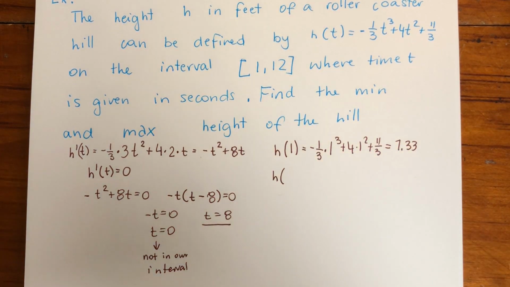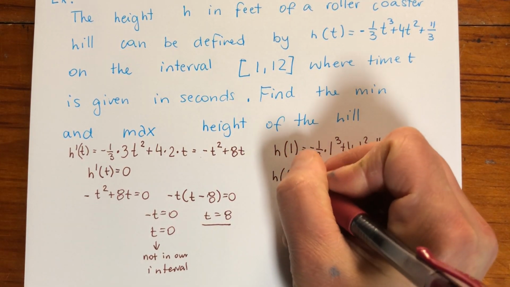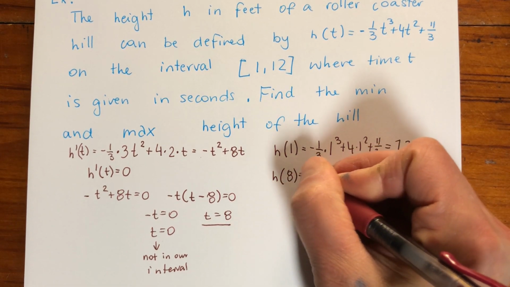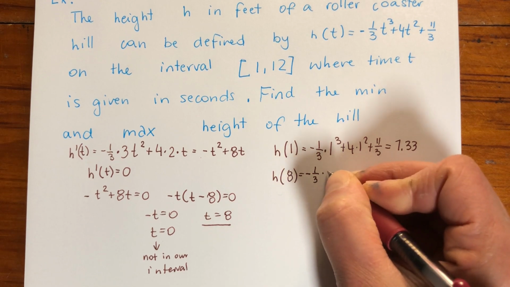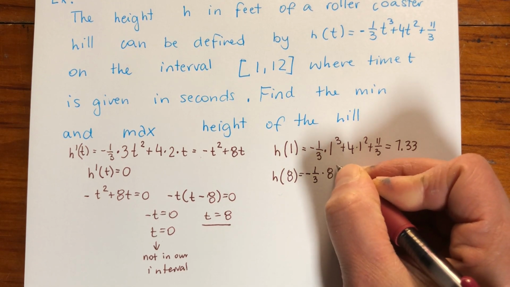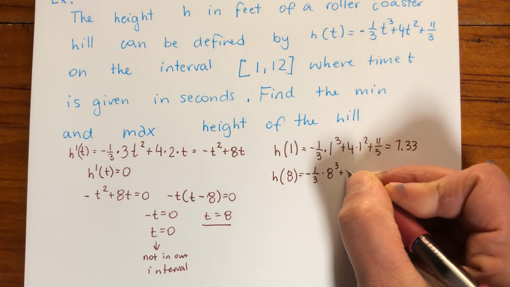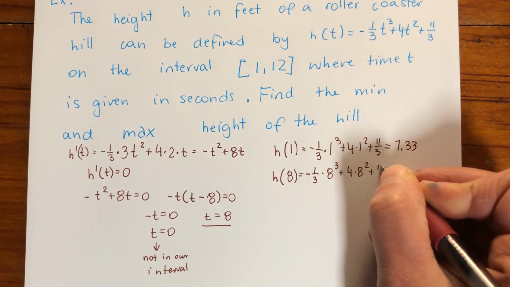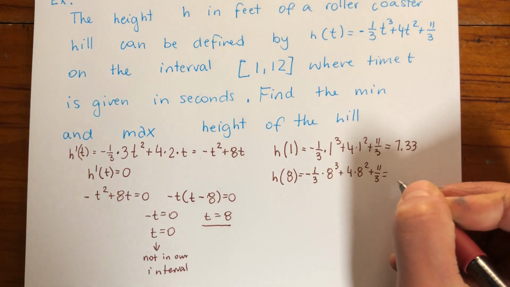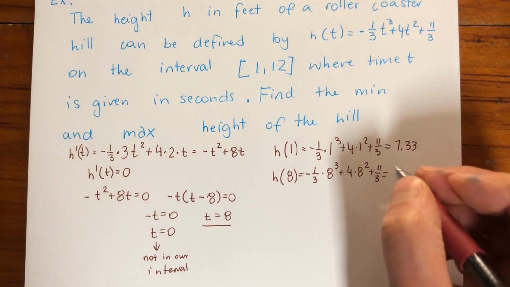H of 8, again, everywhere in place of t, I am going to plug in 8, negative 1/3 times 8 to the power of 3 plus 4 times 8 to the power of 2 plus 11 over 3, and that is going to give me 89.